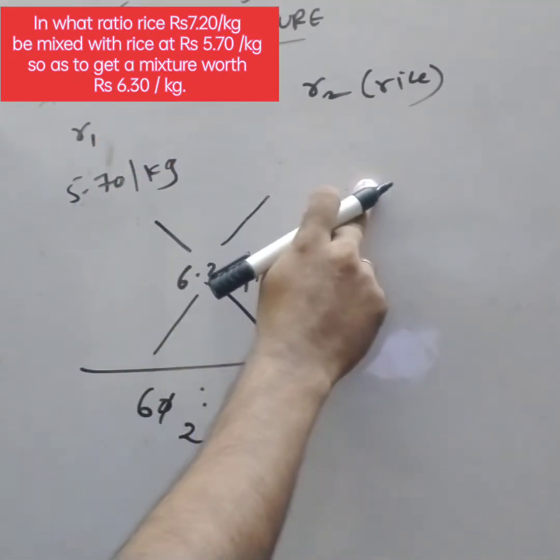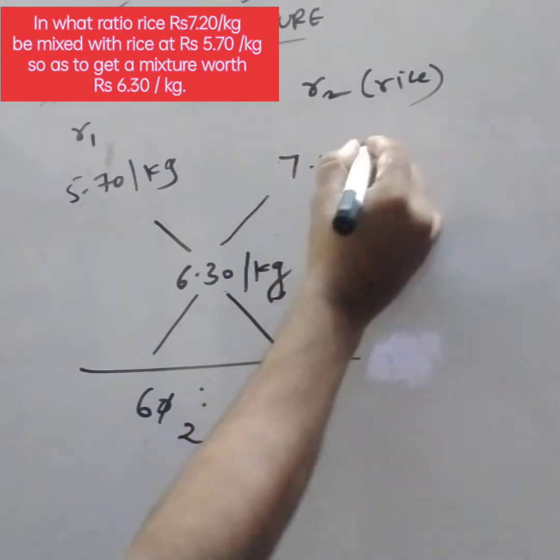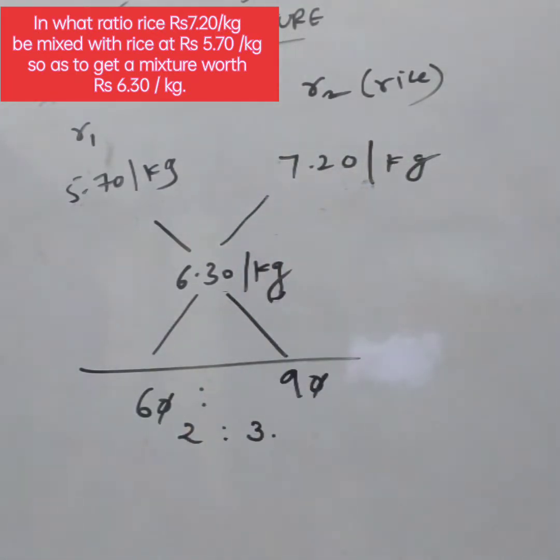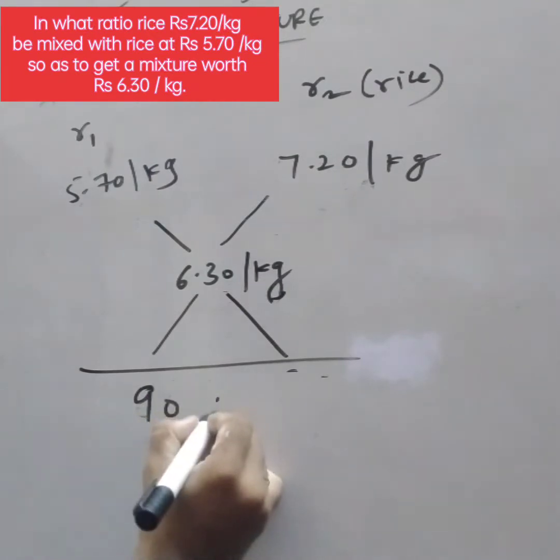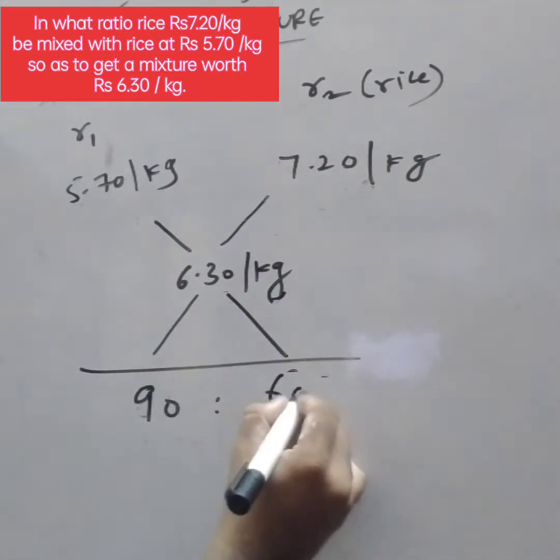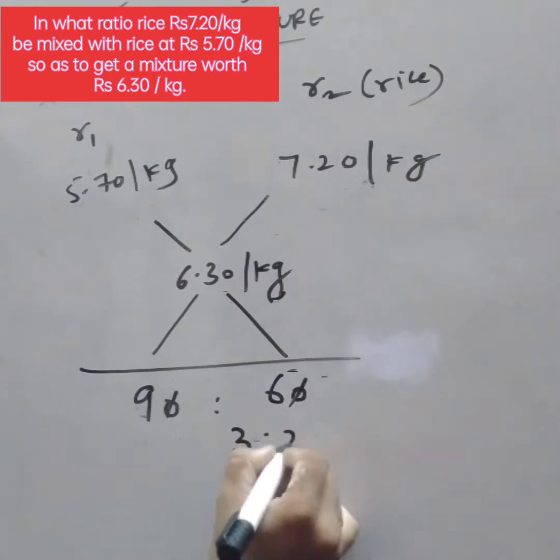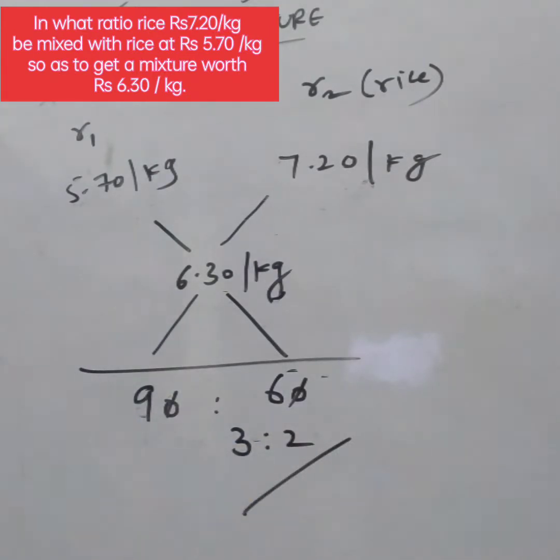This is 7 rupees 20 paise per kg. Now if you take the difference, 720 minus 630 is 90, and 630 minus 570 is 60, that is a 3:2 ratio. That is the answer. Hope it is clear.